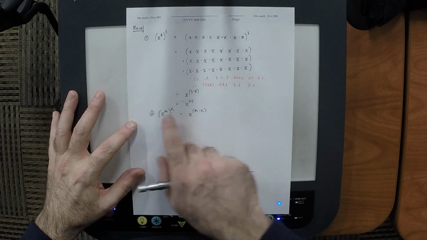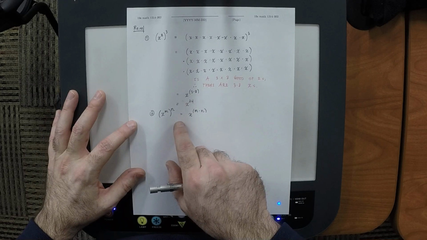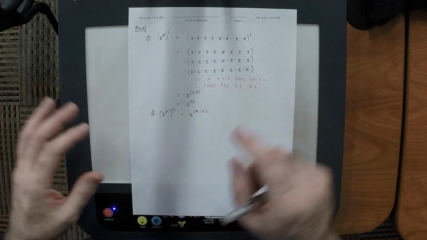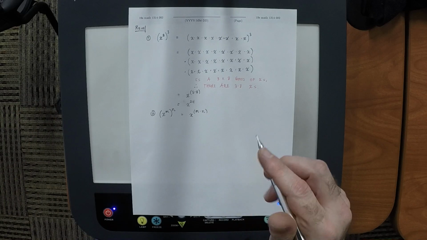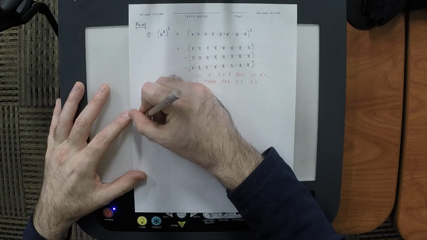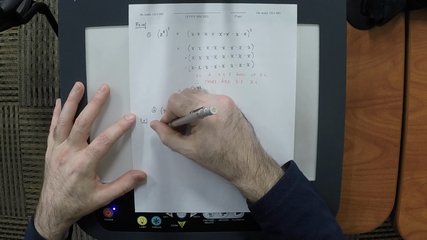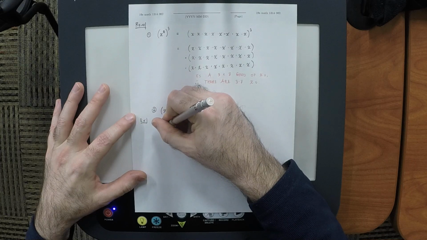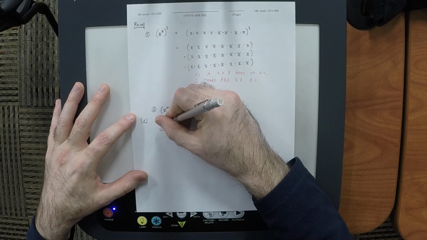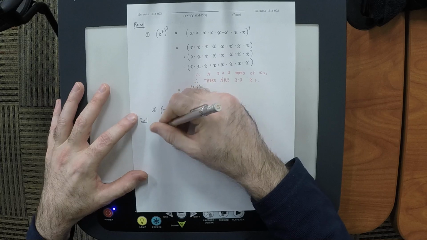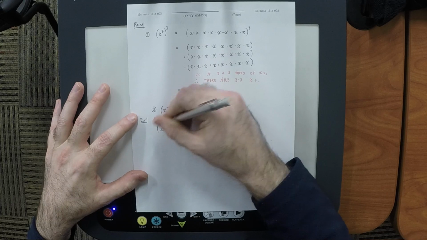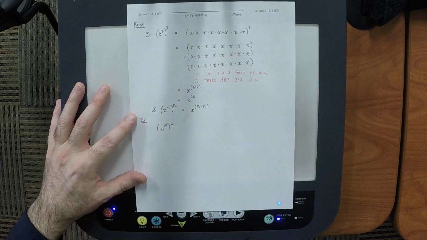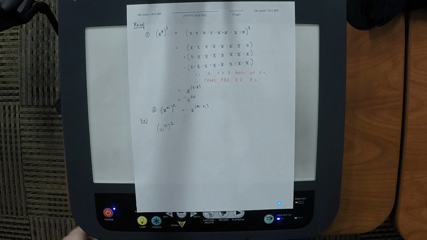Now, this is a nice formula. You're expected to just use it and memorize it. So here's an example of its use. How about w to 17, and then squared? So how does it simplify?